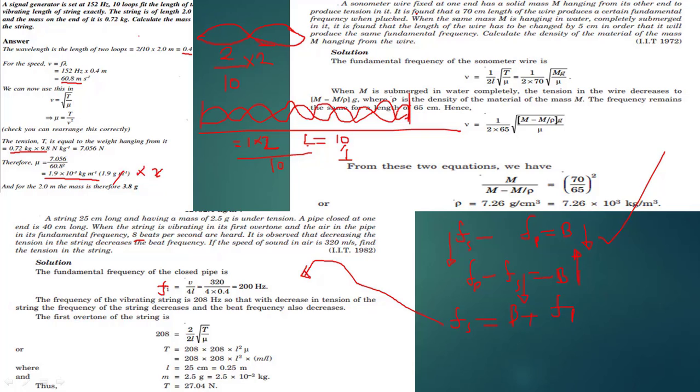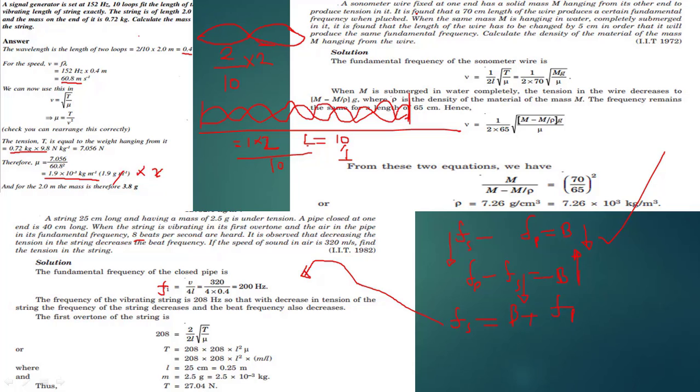When the same mass is hanging in water, kumbuka hanging in water una introduce upthrust, upthrust ya kwenye water, na tunajua effect mojawapo ya weight ya body kwenye water ni tofauti na weight of body kwenye air. Hiyo ni form 1 physics. Okay, Archimedes principle. Weight of body in air ni tofauti na weight of body in water, so we expect tension ya kwenye string iwe tofauti.